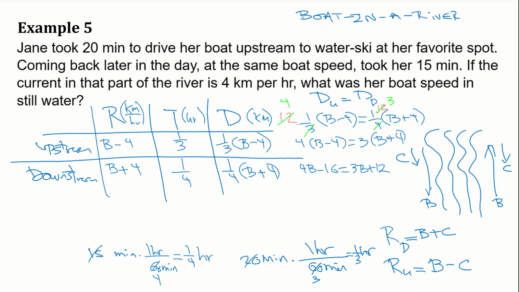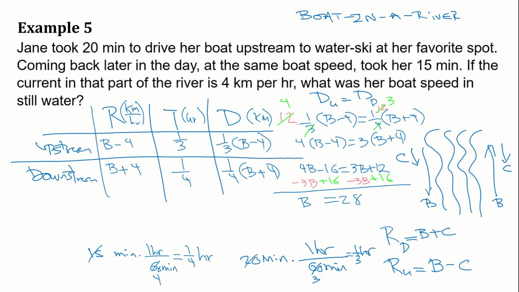So let's subtract 3B from both sides to get the B's on one side. And let's go ahead and add 16 to both sides to get the numbers on the right side. So we end up with B is equal to 12 plus 16, which is what? 28.